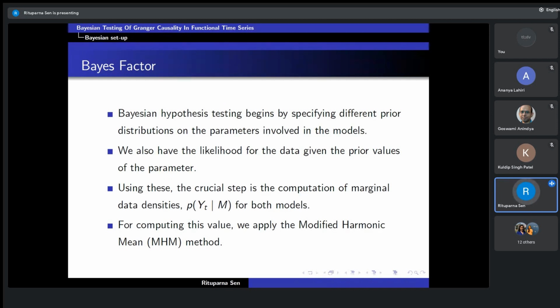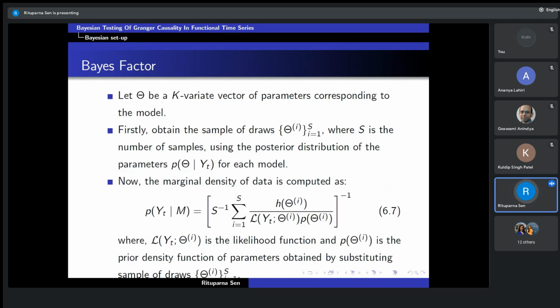of the data given the parameters, and then we have to compute the marginal of the data. So you have to integrate away the parameters. And for computing this, we will apply what is called the modified harmonic mean approach. And I am describing that here. So let theta be a k-dimensional vector of parameters corresponding to the model.